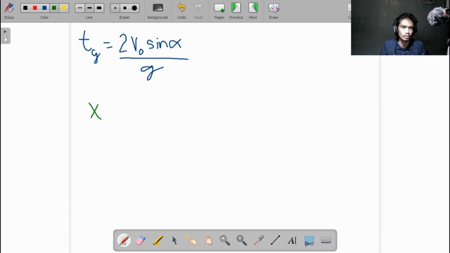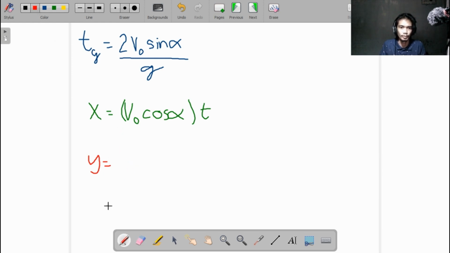Next, we have x. x is equal to v0 cosine alpha multiplied by t, and finally our y is equal to y of 0, which is 0 by the way. Okay, so let's remove that.